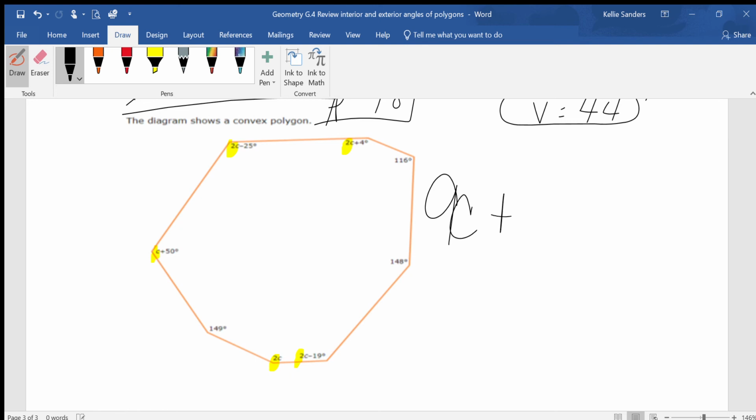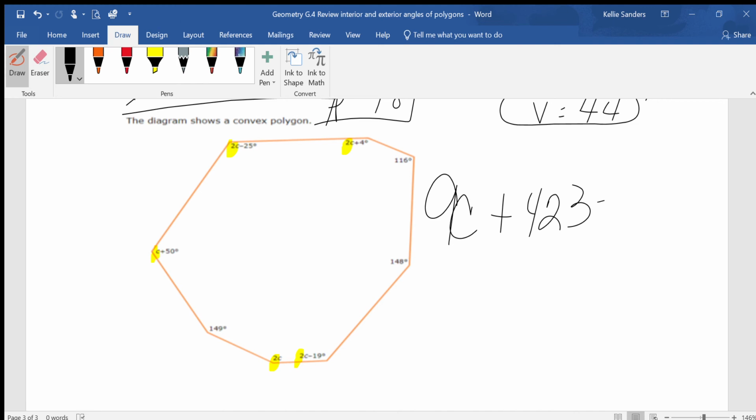Honestly, I forgot what I started with. I'm going to do it one more time. Negative 25 plus 50 plus 149 minus 19 plus 148 plus 116 plus 4. 423, okay.